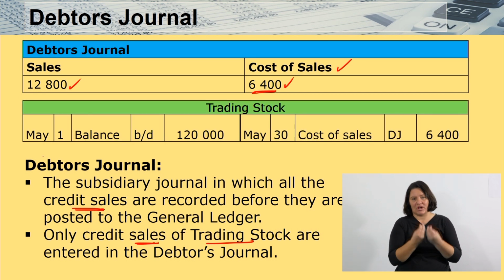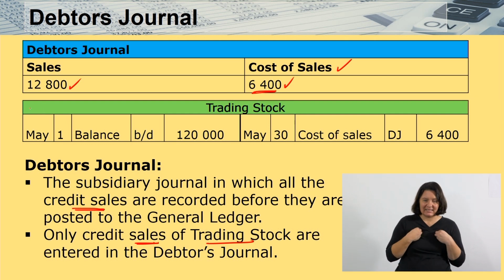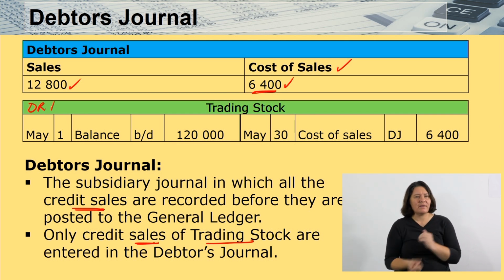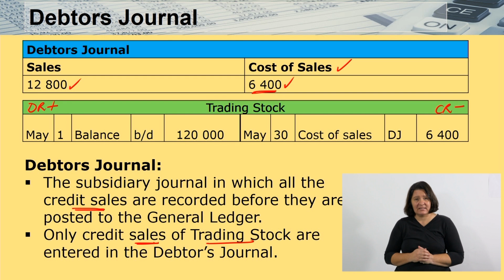There it is. Trading stock account, an asset. I think you've heard this several times today. On the debit, it increases, but on the credit, it decreases. When I am selling goods to the customers, is it increasing my stock or decreasing my stock?